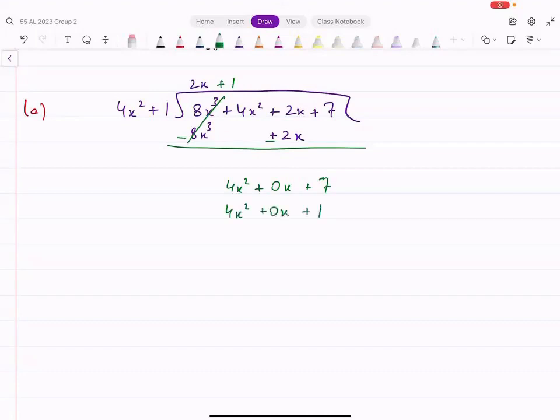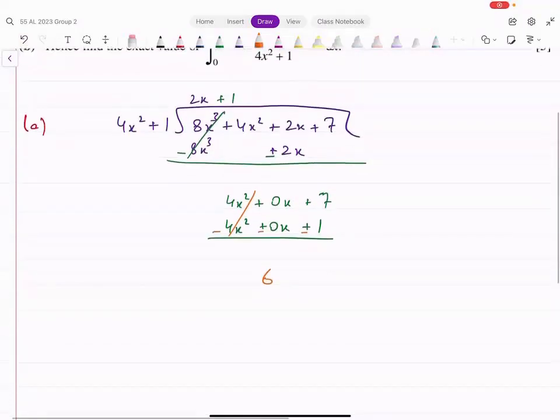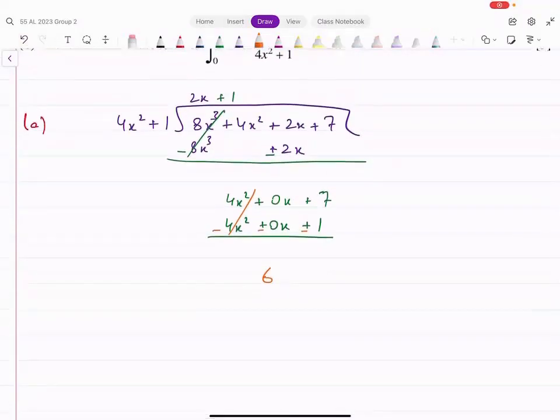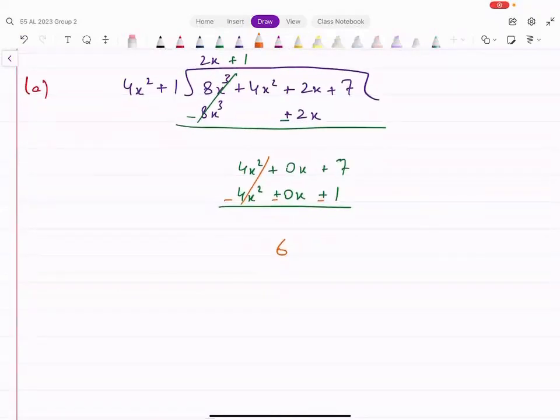You've got 0x in the middle. We change the signs. This gets cancelled. We're left with 6. That's our remainder. Can we go any further than this? This is all we have. Can somebody verify this? Yes.